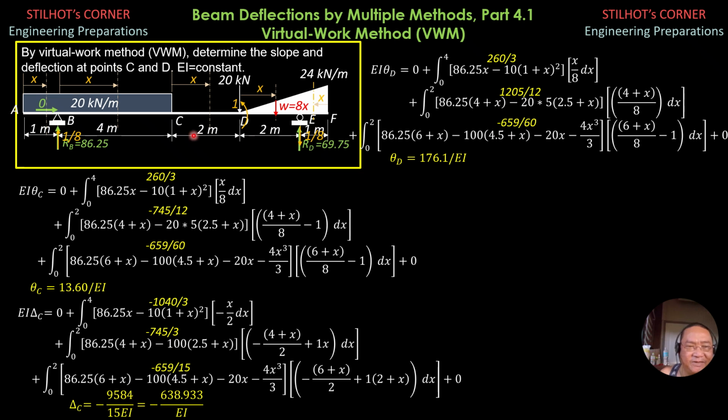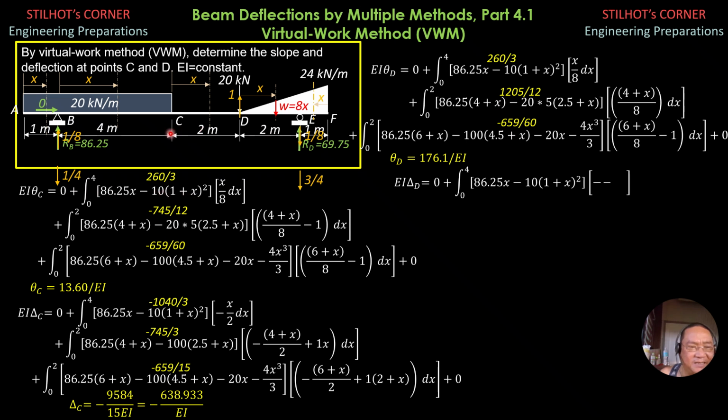Then finally, we apply a unit upward load at D to solve for the deflection at D as shown. Then this would now be 1/4 here, then 1/4 downward, then here 3/4 downward due to that unit upward load. So EI delta D equals 0 plus integral, copy 0 to 4.